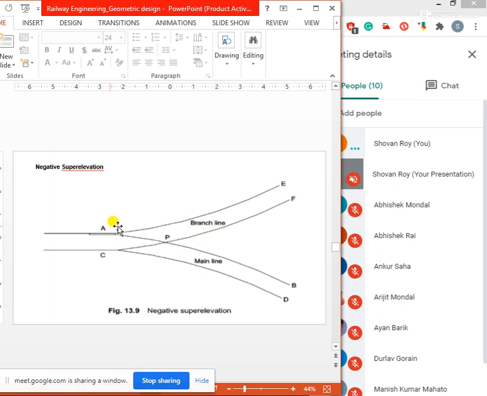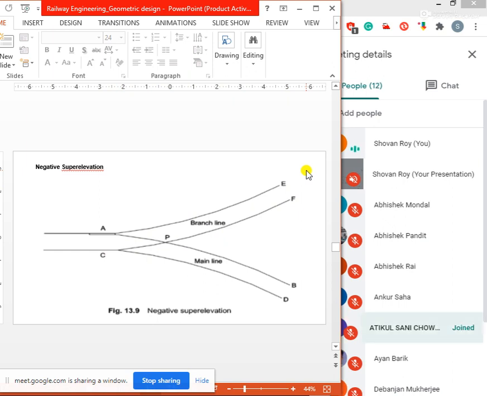If AE and CF is our branch line, CF is the outer track of this branch line, and the super elevation should be higher on CF, so super elevation is provided on the CF line.